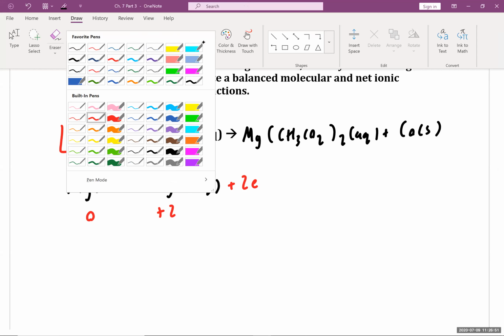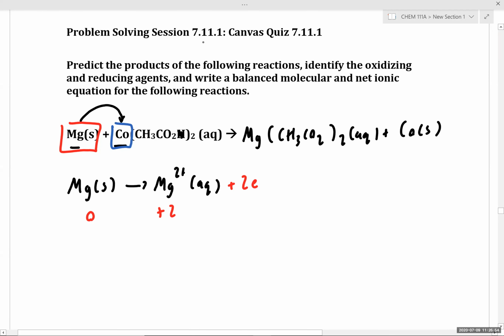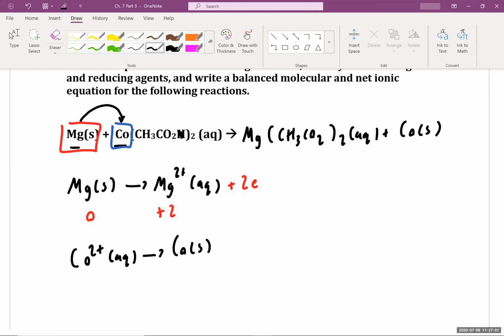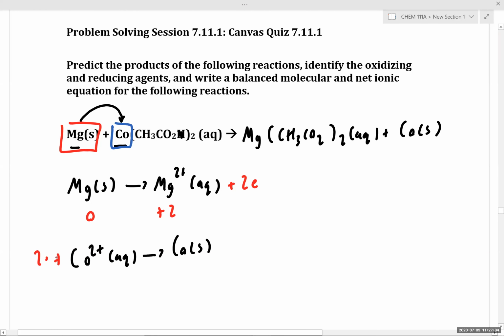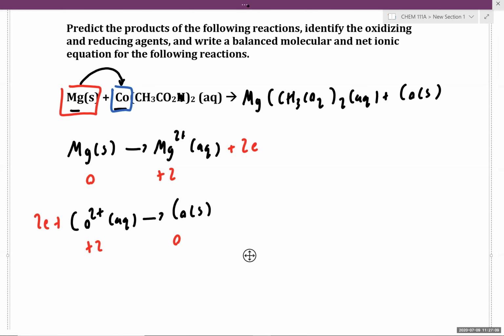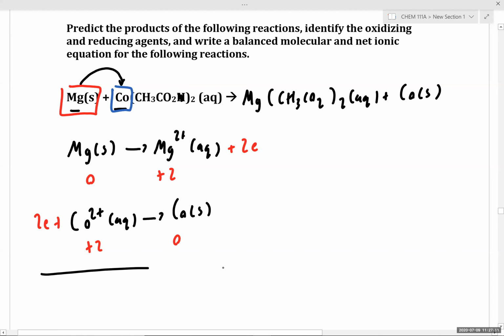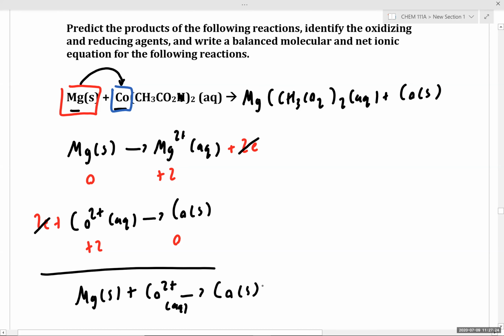Magnesium was oxidized. And for cobalt, we went from cobalt 2+ aqueous to cobalt solid. In this case, cobalt gained 2 electrons as it went from +2 to 0. And as a result, it was reduced. We add our equations together, the electrons cancel, and we're left with magnesium solid plus cobalt 2+ leads to cobalt solid plus magnesium 2+.